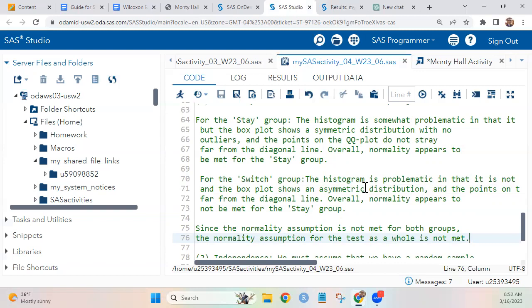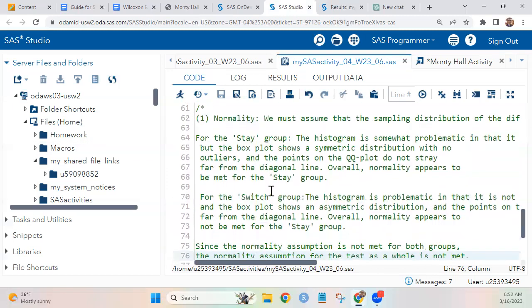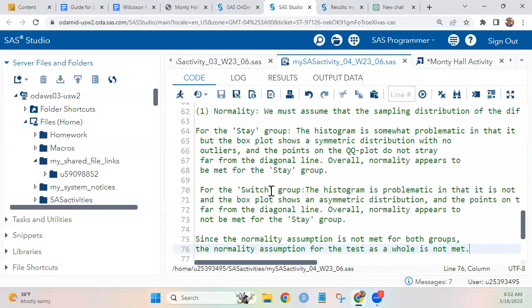No? Any questions about how we check those assumptions for the two sample t-tests? Or why it's violated?